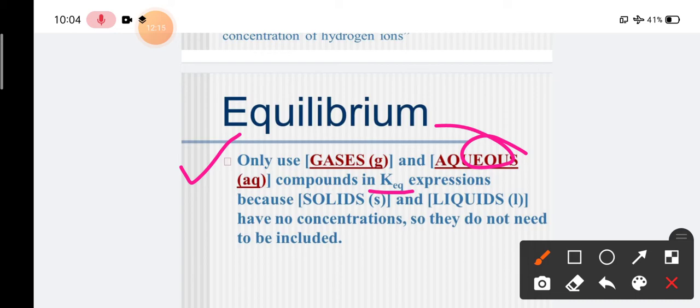We do not include solids and pure liquids, as they do not have any concentration term or any proper concentration. So that is why we exclude the solids and pure liquids. We only take gases and aqueous solutions.